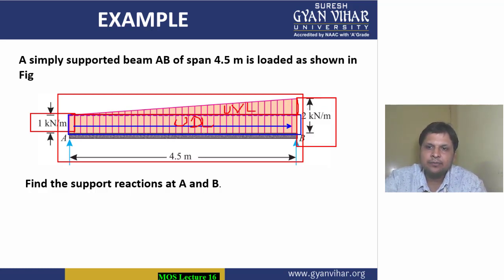The value of UVL will be, if you subtract this 1 from 2, equal to 1 kilonewton per meter, and at the other end it is equal to 0. So let's move further.